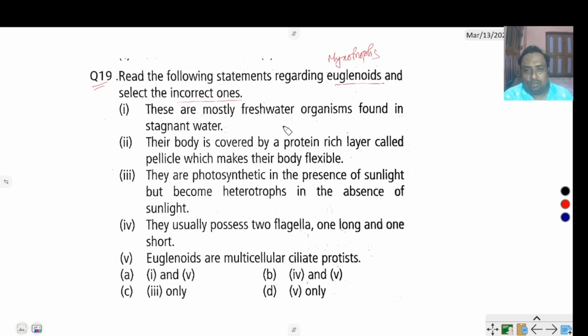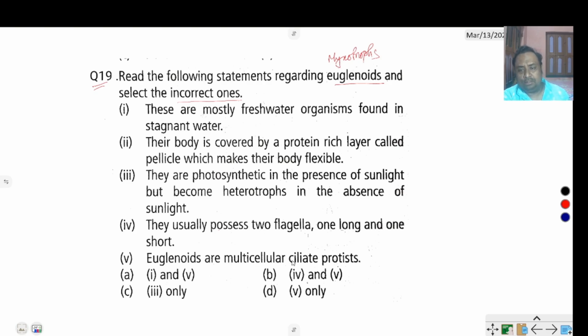They are mostly freshwater organisms found in stagnant water. Their body is covered by a protein-rich layer called pellicle, which makes their body flexible. They usually possess two flagella, one long and one short.